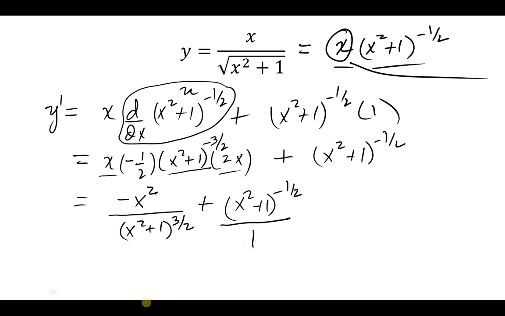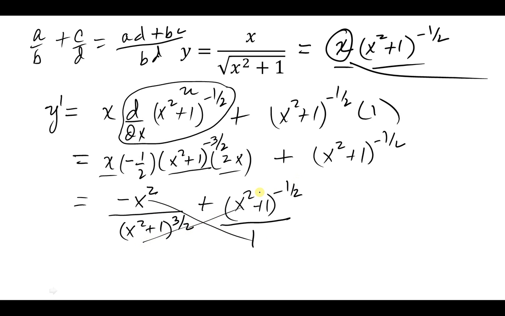Now I'm going to combine these two, and you remember a over b plus c over d is ad plus bc over bd. So we're going to do this cross multiplication here and get minus x squared, and we're going to get x squared plus 1 to the 3/2 times x squared plus 1 to the minus 1/2, which makes it a little easier for us.